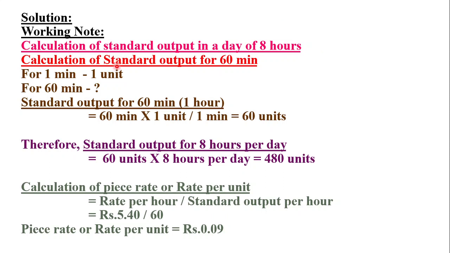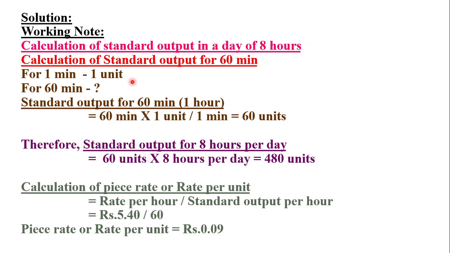Now, calculation of standard output for 60 minutes. For 1 minute, the standard output is 1 unit. In 60 minutes, how many units can they produce?